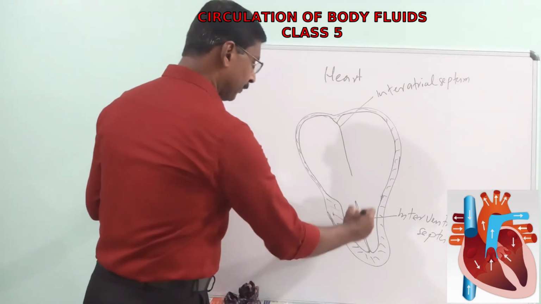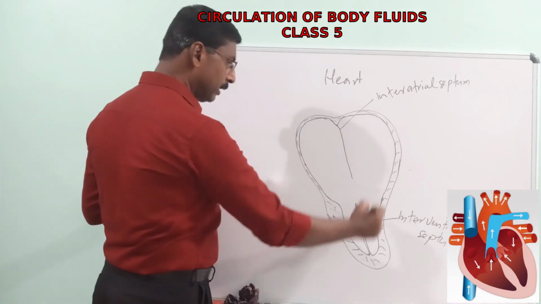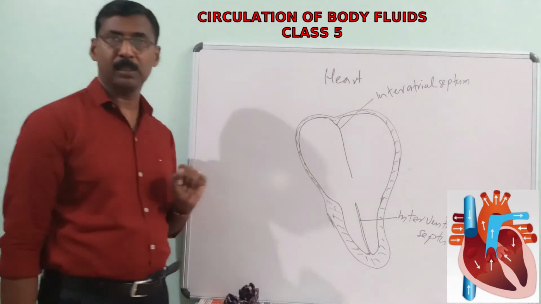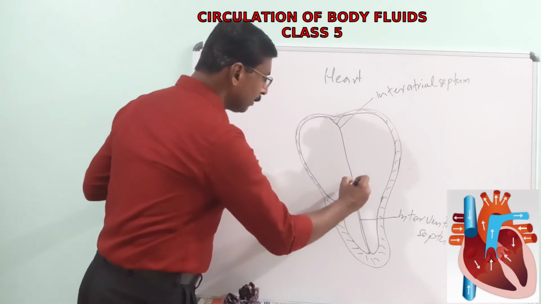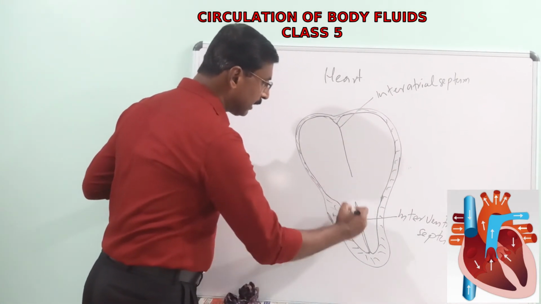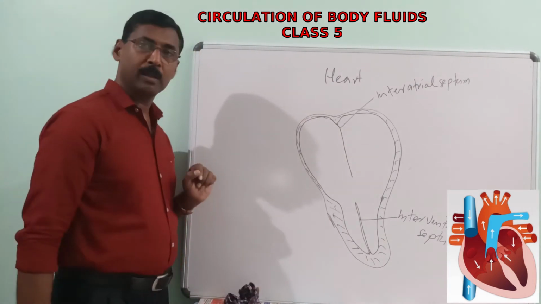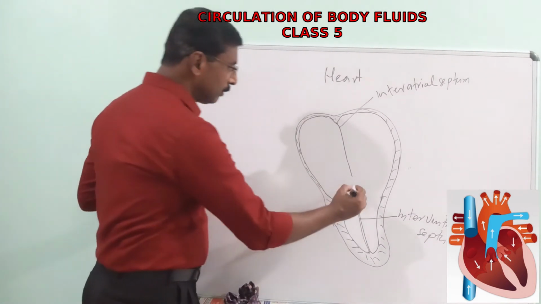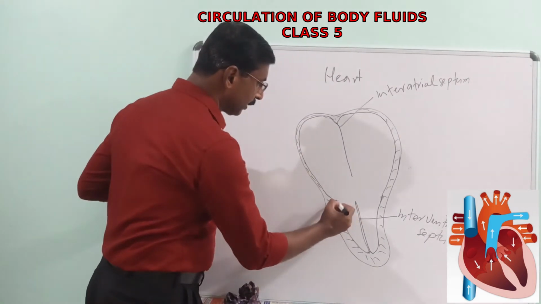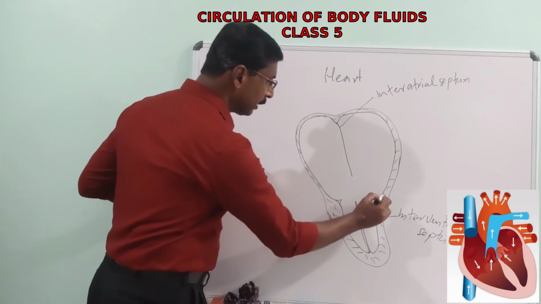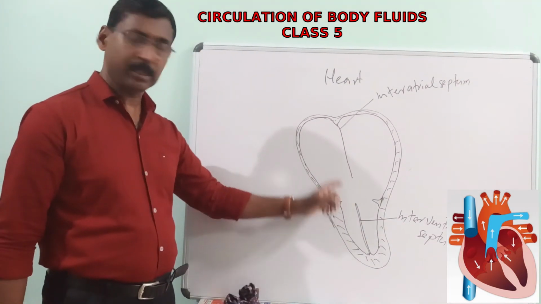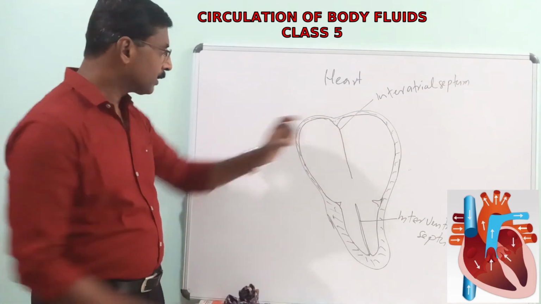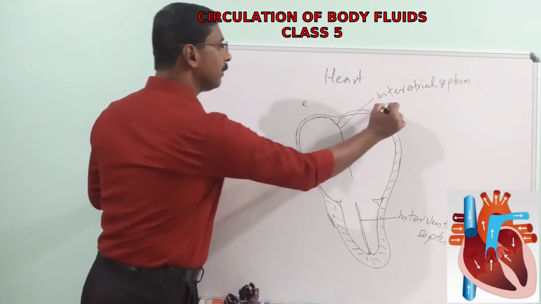Now, interatrial septum and interventricular septum. Now, between the atrium and the ventricle there is also a septum, separating the ventricles and the atria. This is the right side and this is the left side.